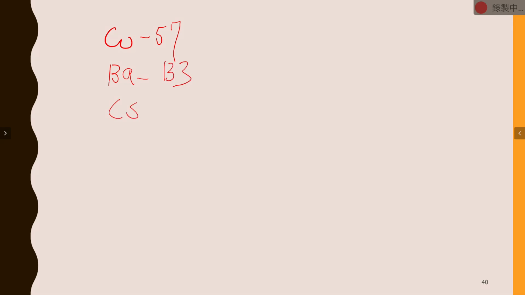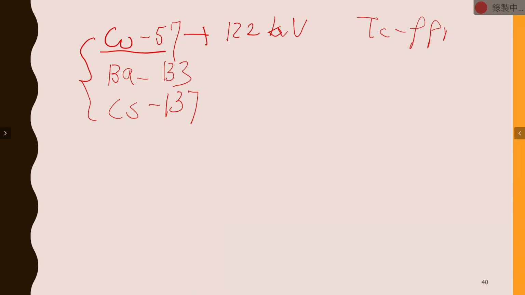These 3 calibration sources span the energies typically encountered in nuclear medicine, ensuring accurate activity measurement. For Cobalt-57, its energy is about 122 keV, and it is just like TC99m. And Barium-133, its energy is just like iodine, and Cesium-137, its energy is 662 keV, so it mimics the 511 keV emission photon.